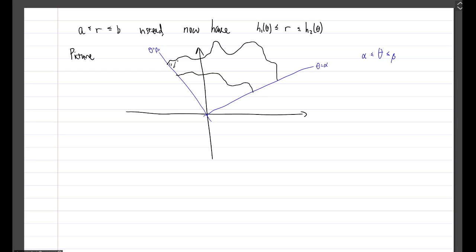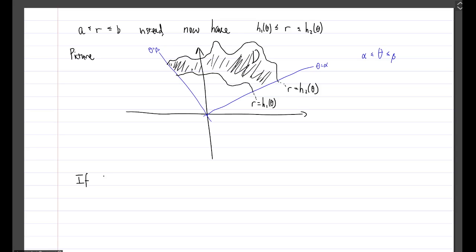So we might have a region that looks something like this, and we'll call that capital D. If we were to continue this curve, here r is being given by plugging theta into some function called h sub 1, and over here the value of r is being given by plugging theta into another function called h sub 2.